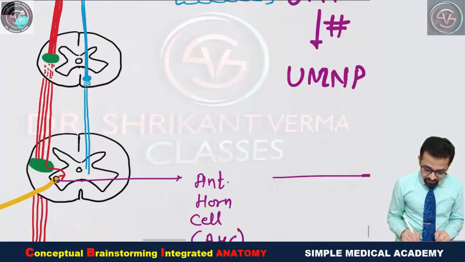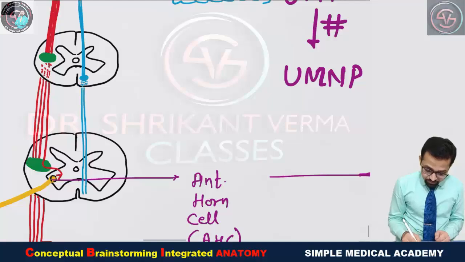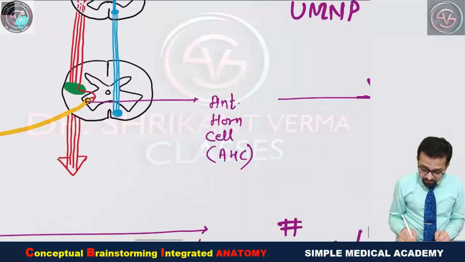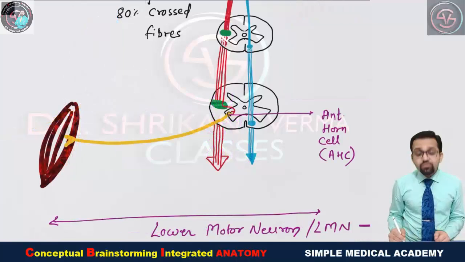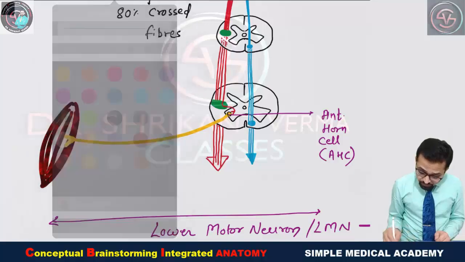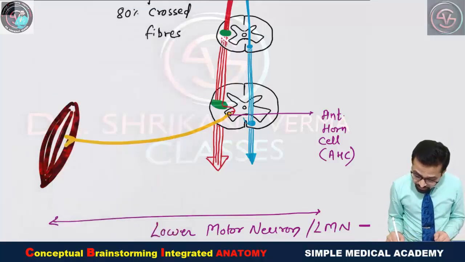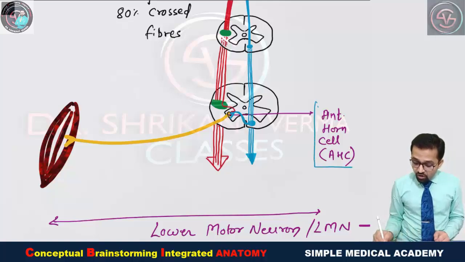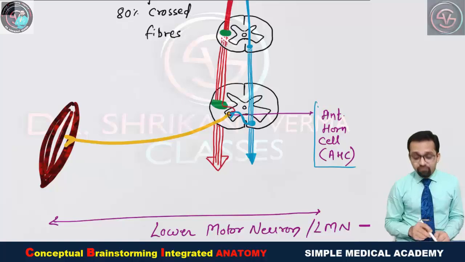Try to think in a three-dimensional view. Yes, these are making a bundle of axons on the anterior part, and again these fibers go down to supply the other muscles. But when this nerve has to supply the nearby muscle, then what will happen? A single nerve fiber will arise and cross the midline, and again it relays to the same anterior horn cell which was being controlled by the lateral corticospinal tract fiber.